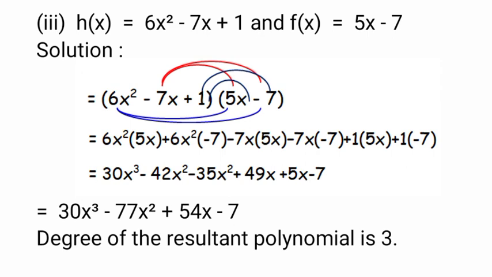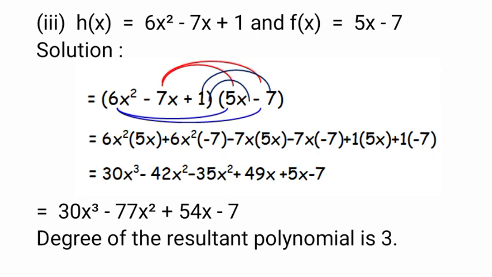Multiply the values, 6 into 5 is 30, x square into x is x cube. Minus plus into minus, minus 6 into 7 is 42 x square. Minus 7 into 5 is 35 x into x is x square.